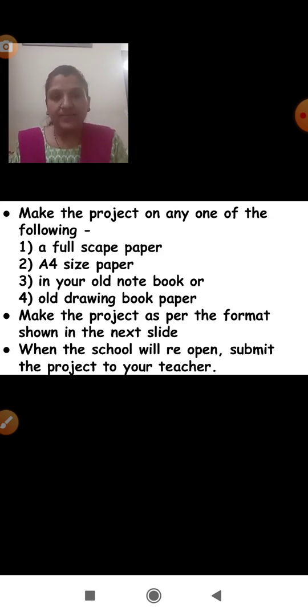Look at this slide. You can make this project on any one of the following: a foolscape paper, an A4 size paper, or in your old notebook, or in old drawing book paper. That means you can make this project on any one of the following papers which are available at your home.